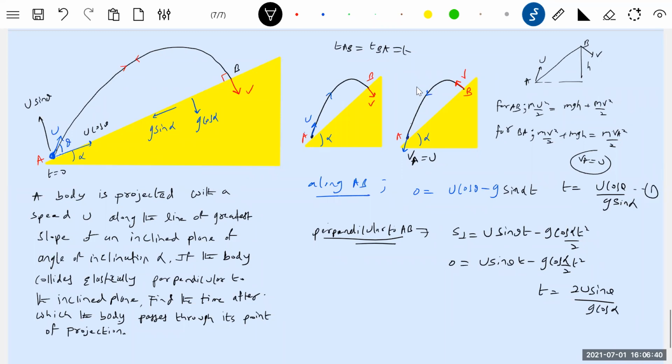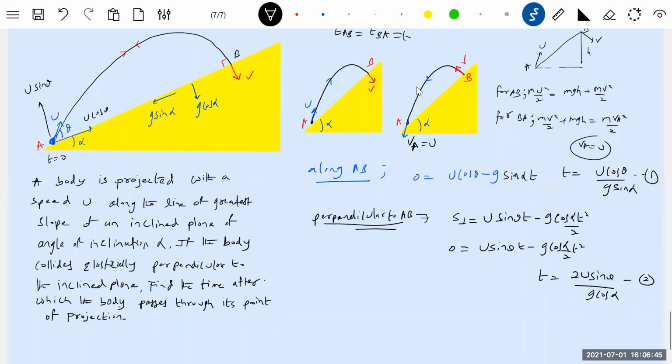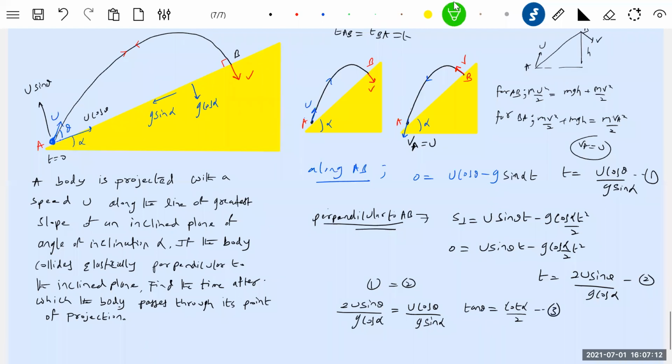This is equation 1. This is equation 2. Let me equate 1 and 2. 2U sin theta by g cos alpha is equal to U cos theta by g sin alpha. Finally, I'll end up with tan theta equal to cot alpha by 2. This is equation 3. Okay, with the help of this, I will now proceed further.